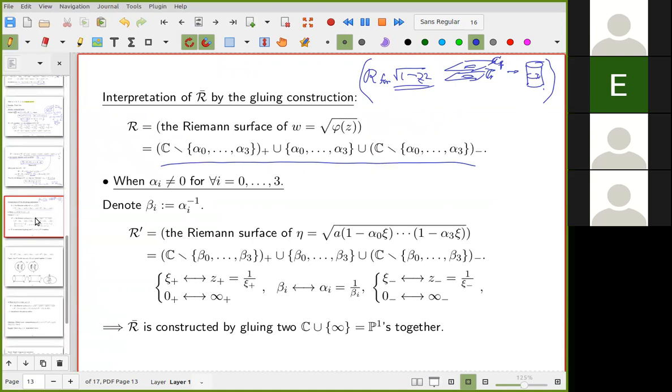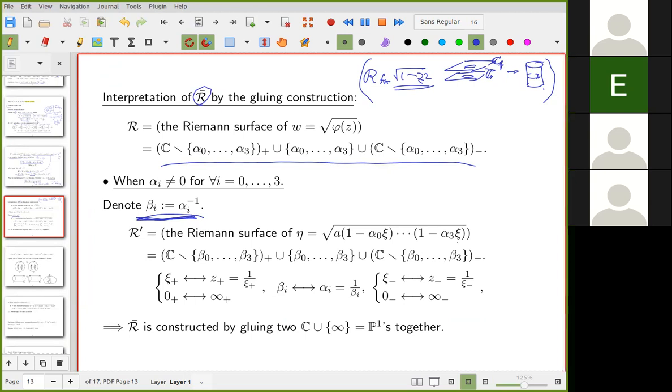Well, then what is the shape of the compactification? Well, let's see. Let's assume that these four complex numbers are not zero, and let's take the inverse of those numbers, beta i.